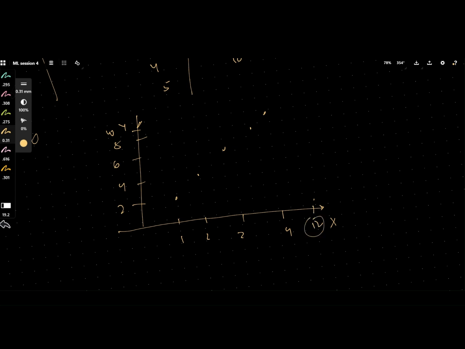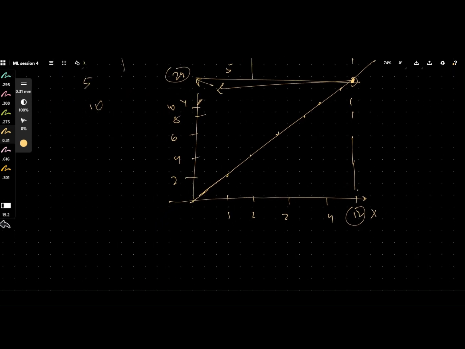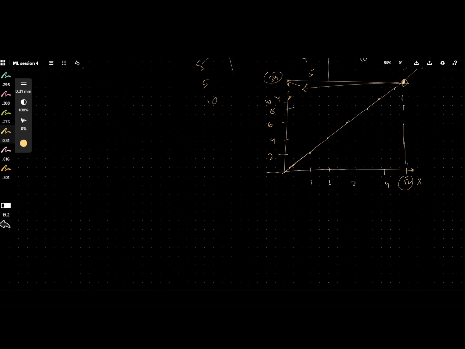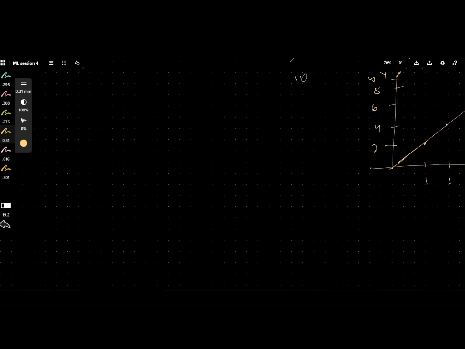To predict 12, you're going to need 24 here. How would you predict that? You would get the equation, extend the line, and find the intersection of this and this, then go here. 24. That is the standard thing. Well, the machine does exactly that.